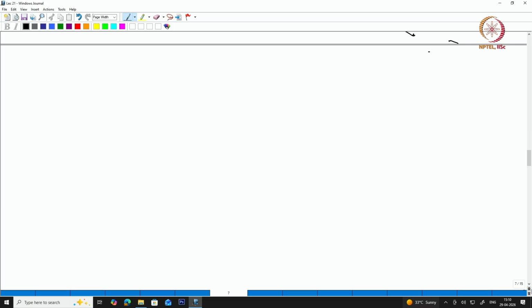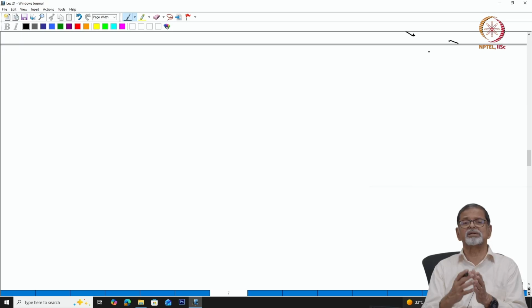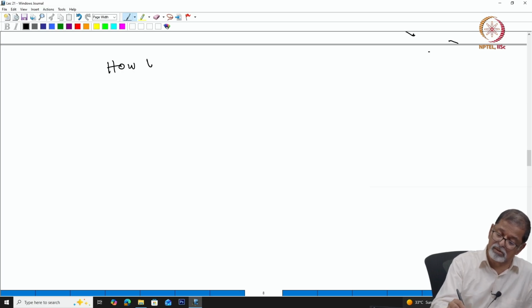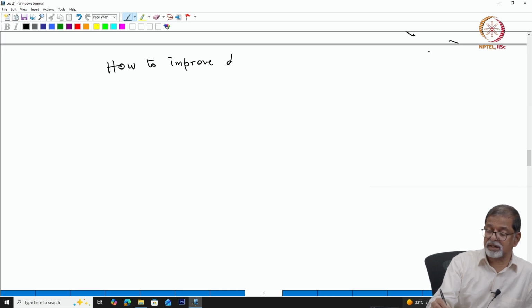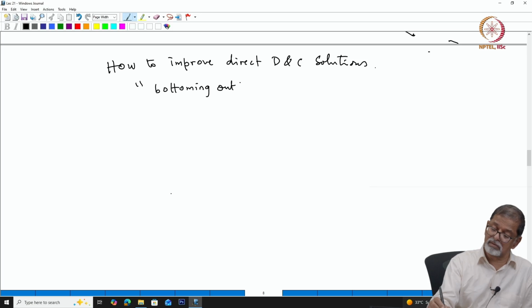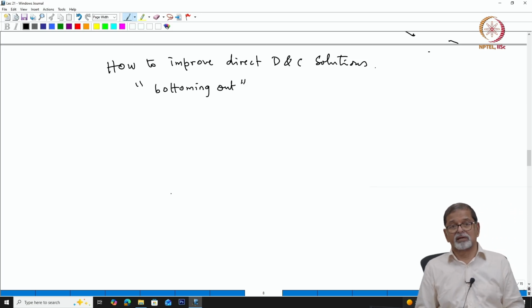And then we were looking at the ways in which the naive divide and conquer algorithm can be improved. How to improve direct divide and conquer solutions. One thing we can do is look at whether bottoming out earlier is helpful.